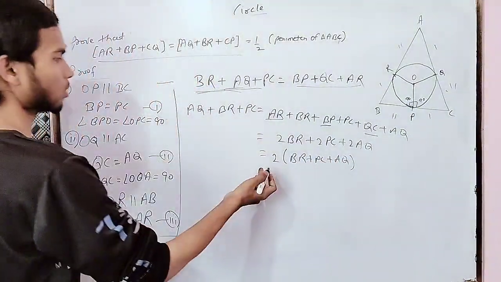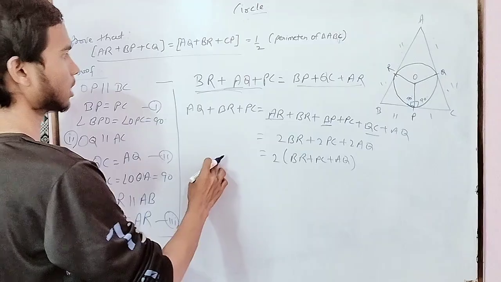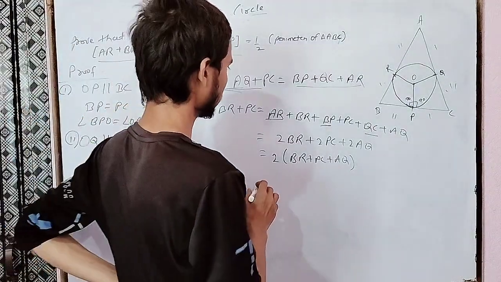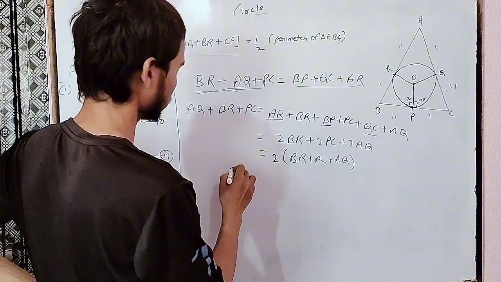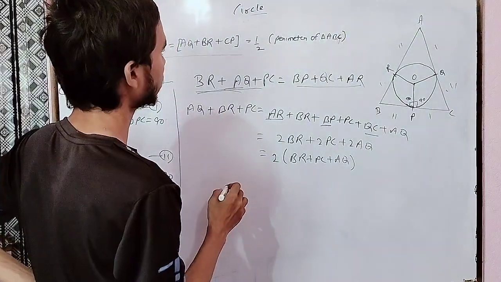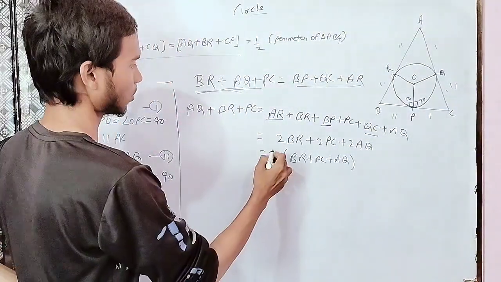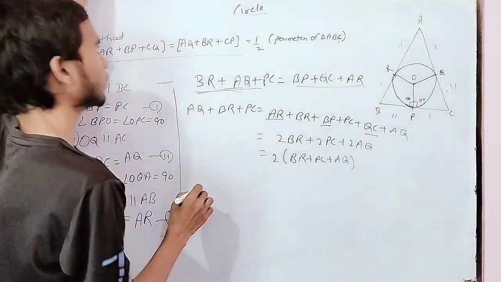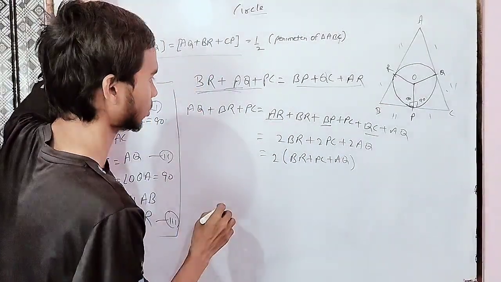So here, when 2 comes to this side, it will become 1/2.